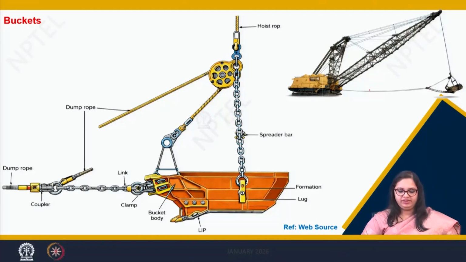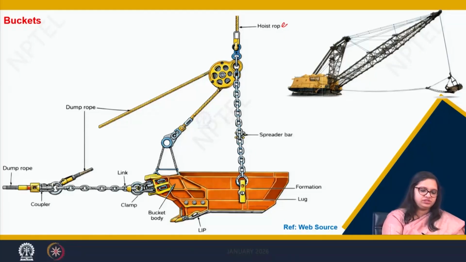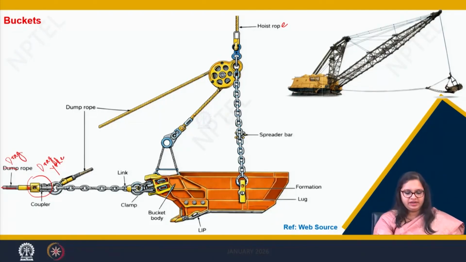So, as I have explained in my last slide, this is the hoist rope, this is the dump rope or the dump cable. This is the coupler or the drag yoke. From here goes the drag rope, and then there is the clamp here, which clamps the drag chain onto the two sides of this bucket.